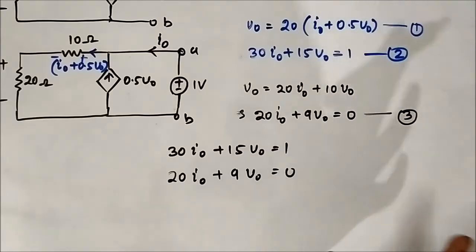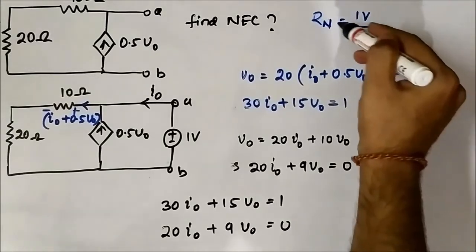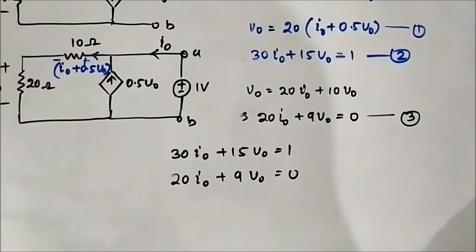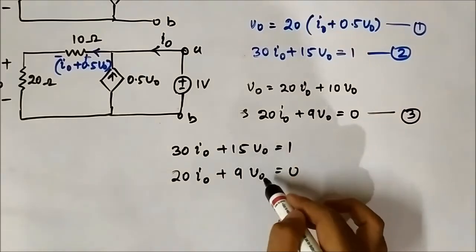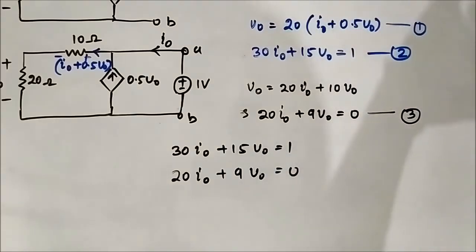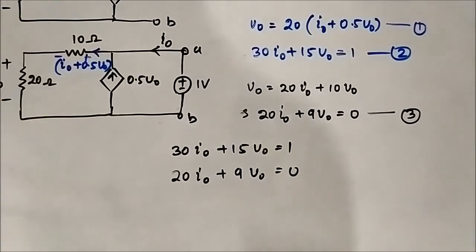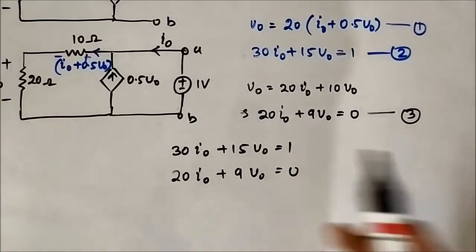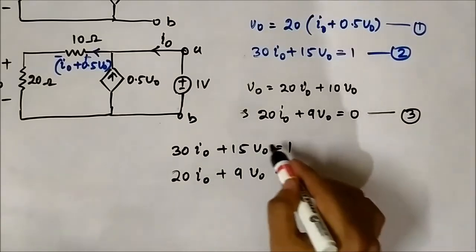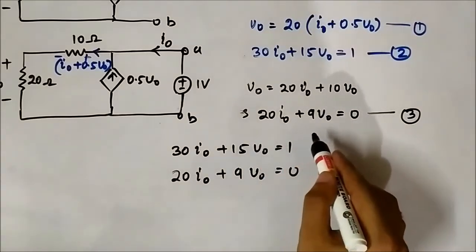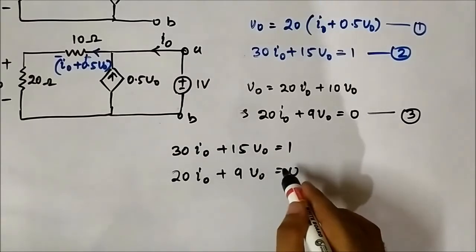Now here we want I0. Our objective is to find I0 so that we can get Rn. So we have to figure out a way in which we can cancel this V0 variable. Cancellation method we can use. Let us divide the first equation by 5, and the second equation by 3.